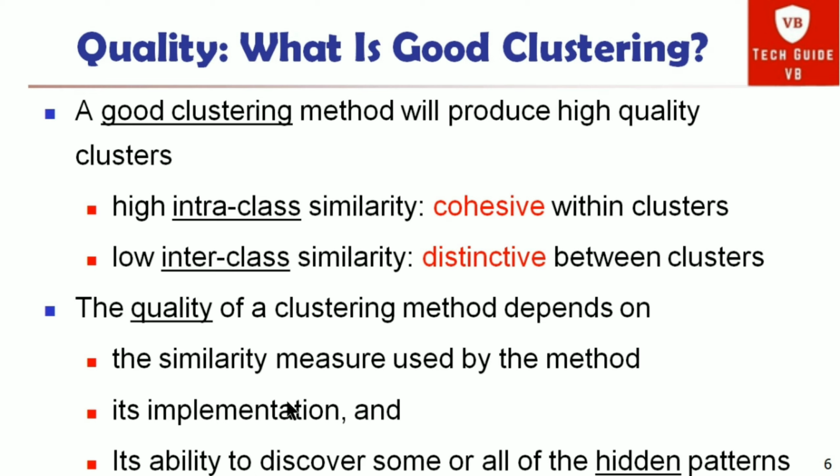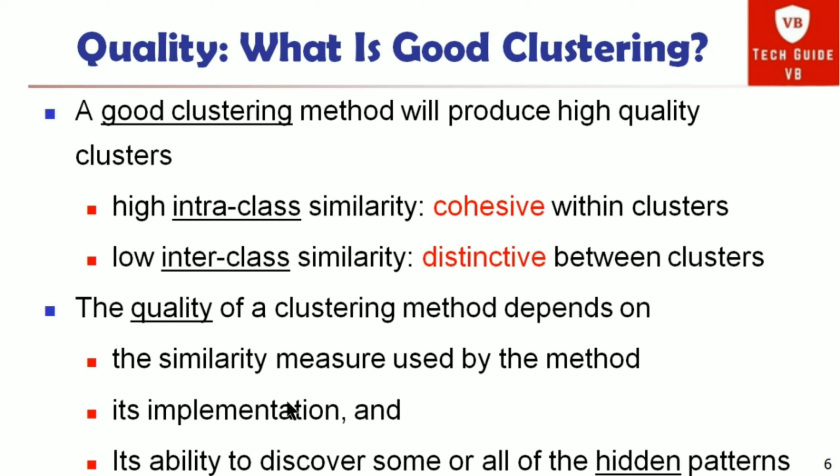Then if you consider quality, what is good clustering? How can we say that the clustering is good or not? A good clustering method will produce high quality clusters, that is high intra-class similarity, meaning cohesive within clusters, and low inter-class similarity, meaning distinctive between clusters.